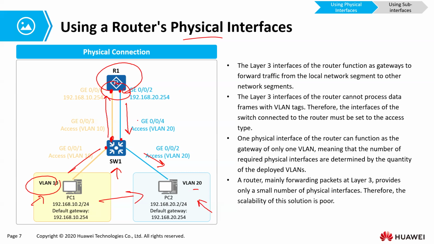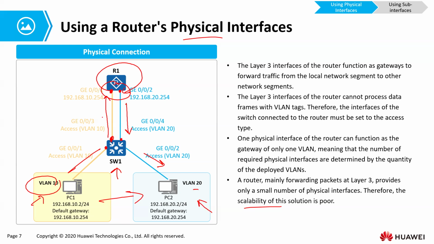The issue, however, is scalability. This solution is not scalable, because how many physical interfaces will you need to allow inter-VLAN routing? Here we have two VLANs, therefore we need two physical interfaces. What if we have 30 VLANs? Will you have a router with 30 physical interfaces?